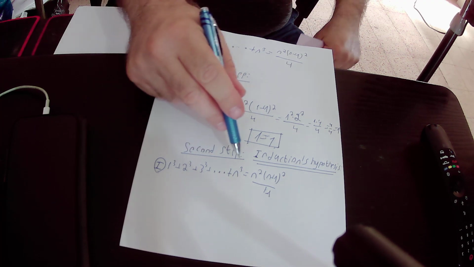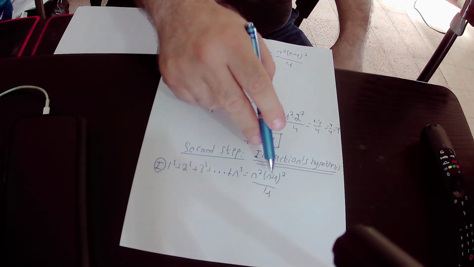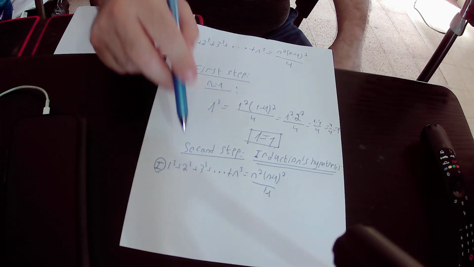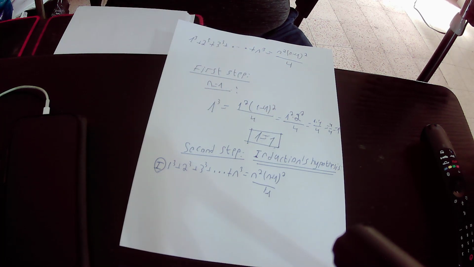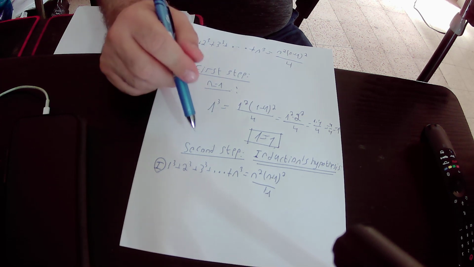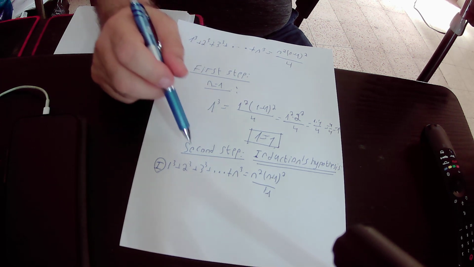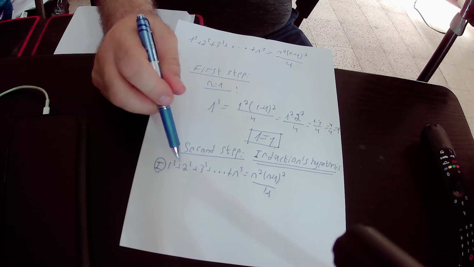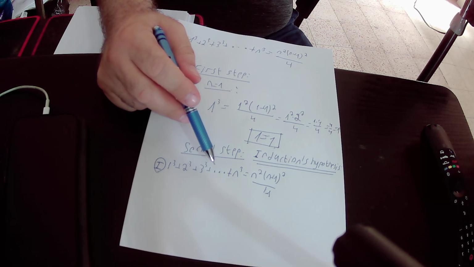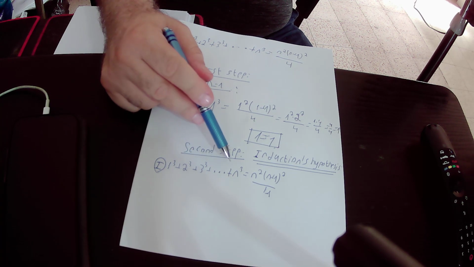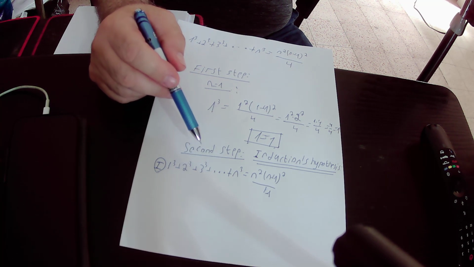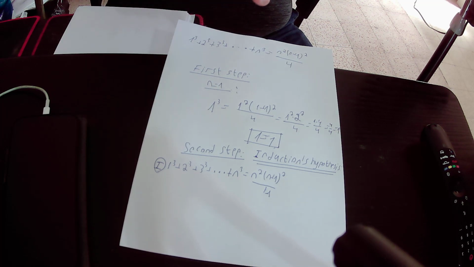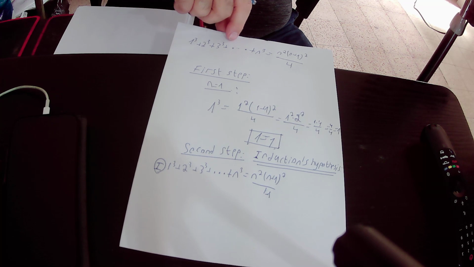So this is actually the induction hypothesis, or induction assumption. We assume that this statement is true for n, and according to this assumption we will have to prove that it is also true for n plus 1.